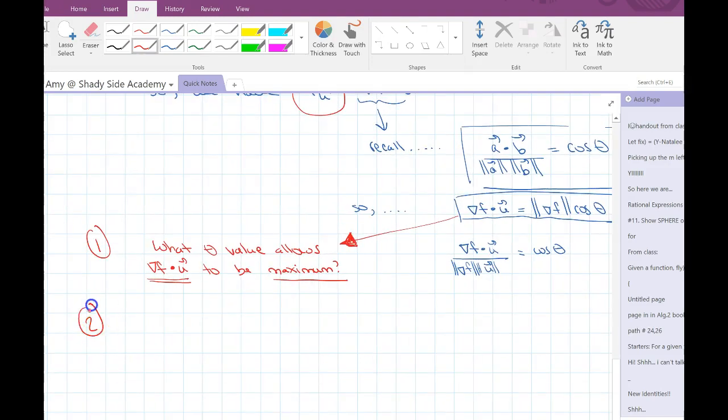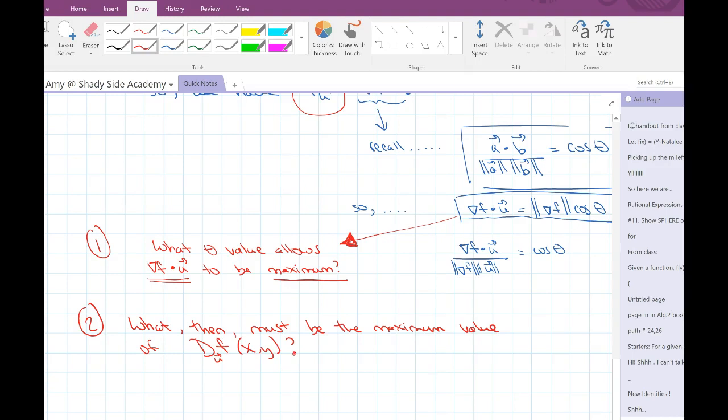Here's the related question. Second question. Assuming you were able to figure that question number 1 out, what then must be the maximum value of the directional derivative of f at some point x, y in the direction of u? So two questions.